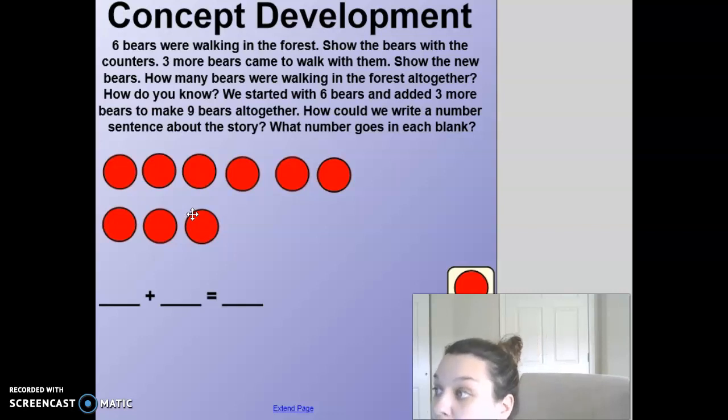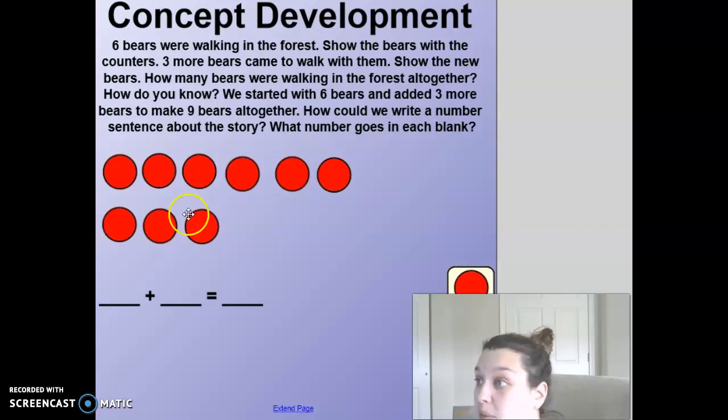They want to know how many bears were walking in the forest all together. And they also want us to let them know how we know our total. So we can say we know our total because we counted our bears in our picture, right?